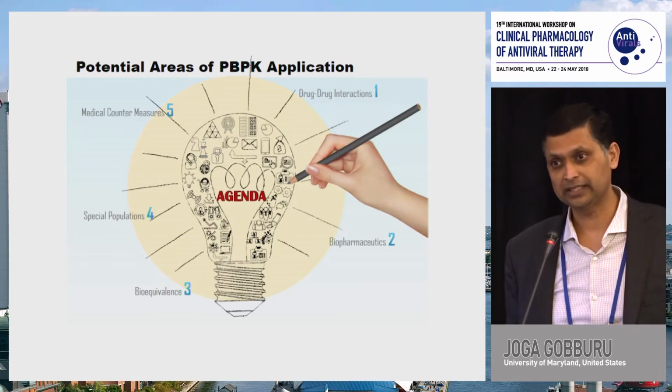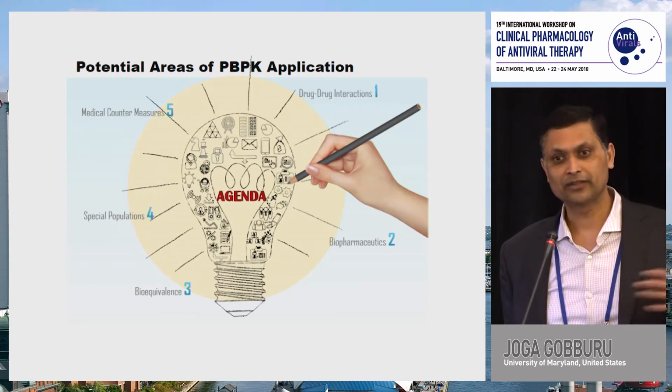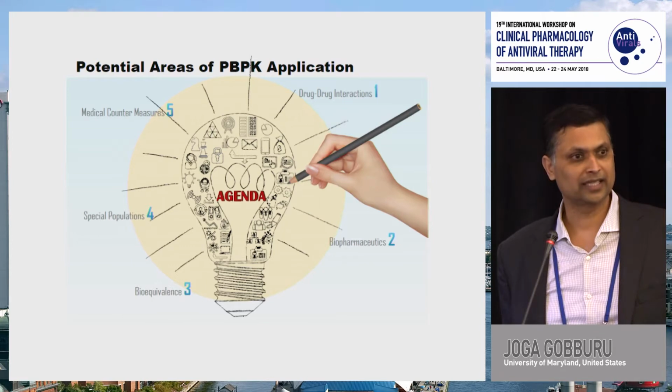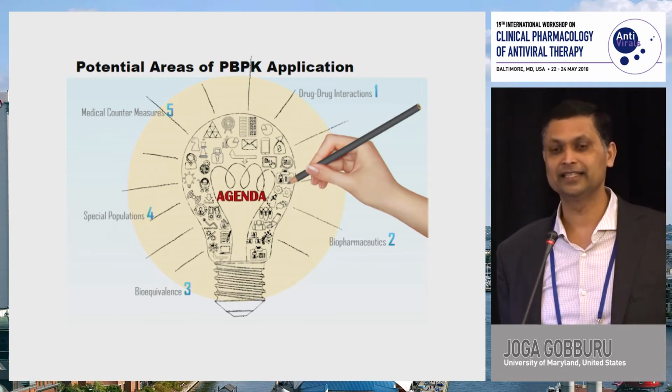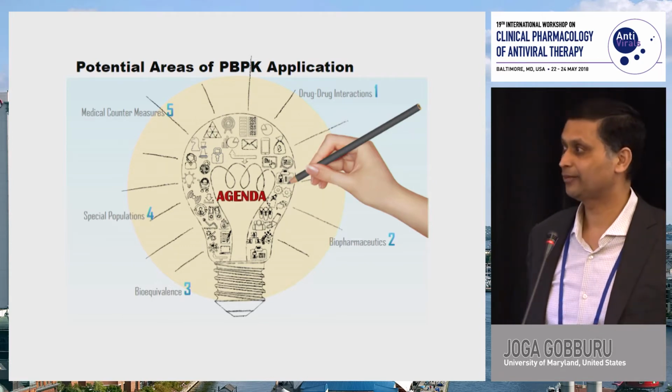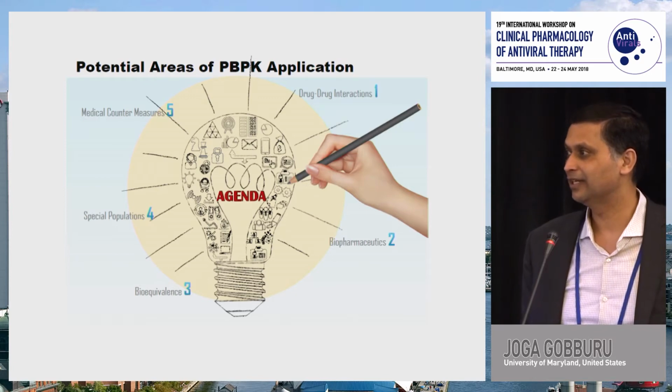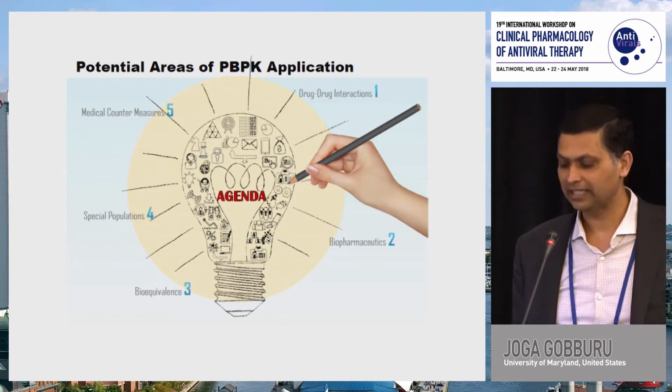Especially in the area of antivirals, you have a plethora of potential drug-drug interactions. In fact, that is I think 40% of your drug label, which most people don't read.